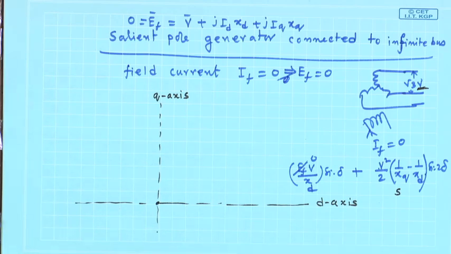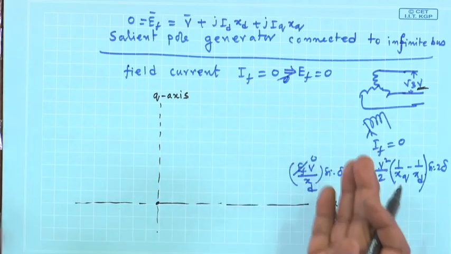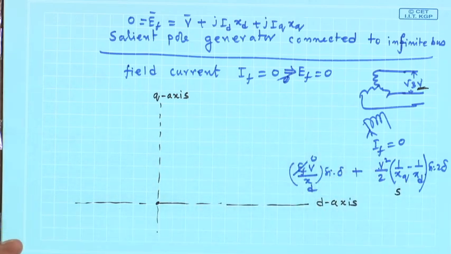However, EF is 0. So, the next thing I ask is, what is the machine mode? No power factor is given in this case. What I am telling is, field current 0, terminal voltage is finite. Then I have to apply my knowledge about the synchronous machine in this way: EF is 0, IF is 0, V is finite.